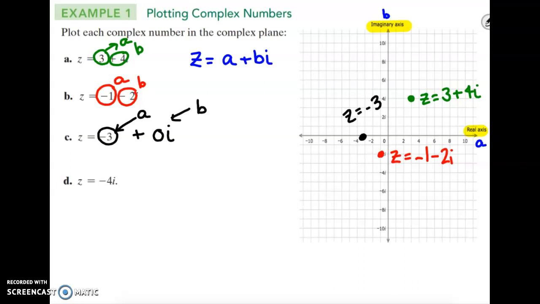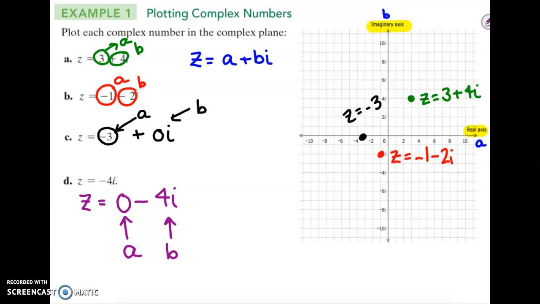All right, last one, example D. z equals negative 4i. Notice that you're missing the real piece, so I'm going to put in 0 minus 4i. This is your A value, your real axis is 0, and your imaginary axis is negative 4.